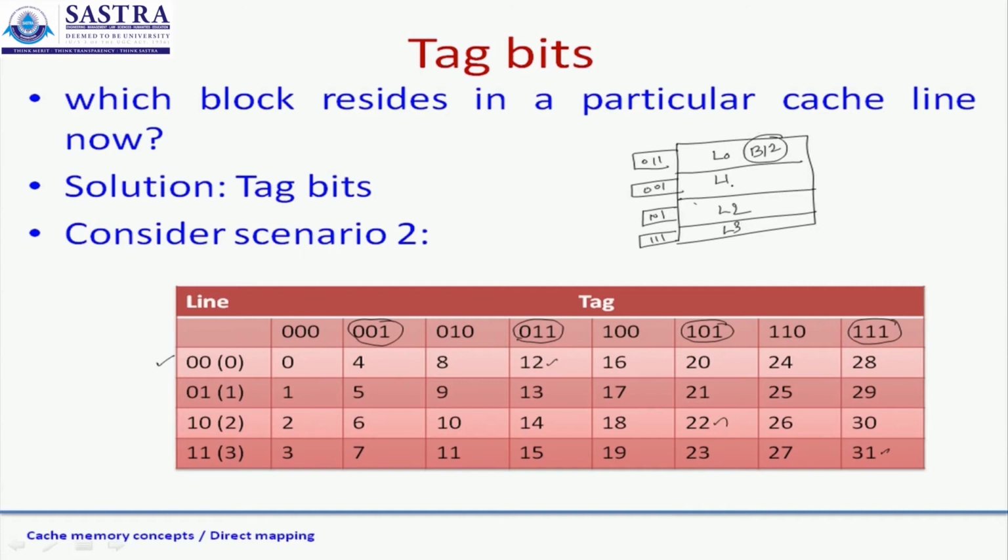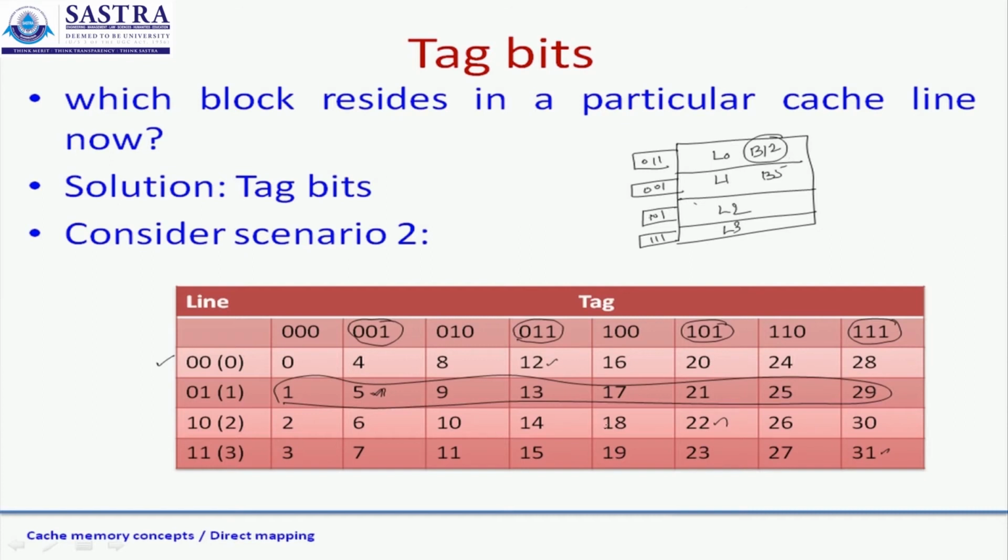001 is the tag for L1. On L1, we may have any one of these 8 blocks, but as the tag bit is 001, we ensure block 5 is available on line number 1.